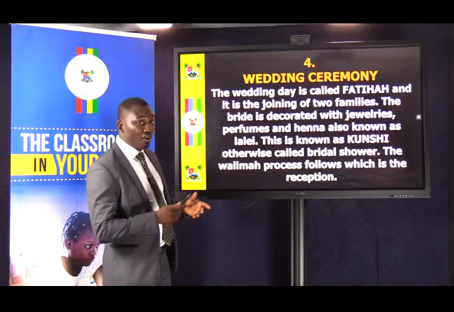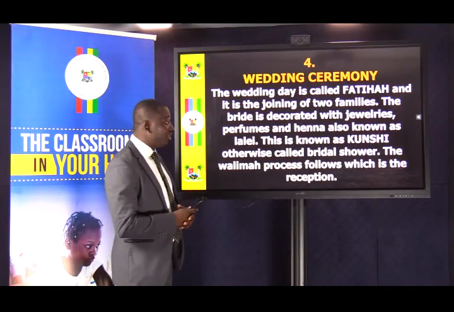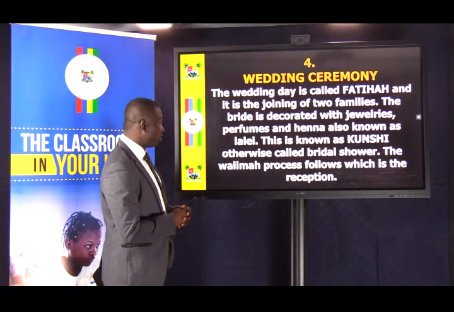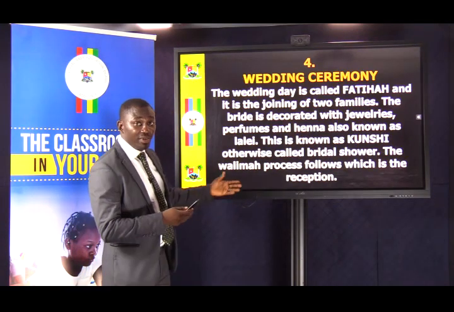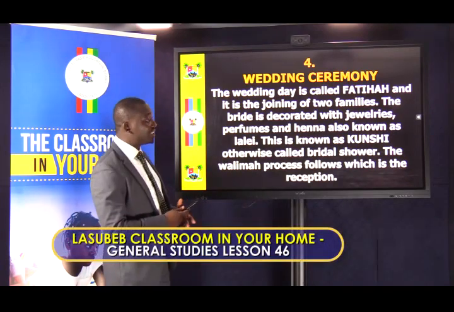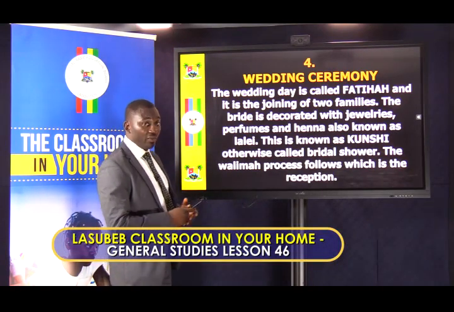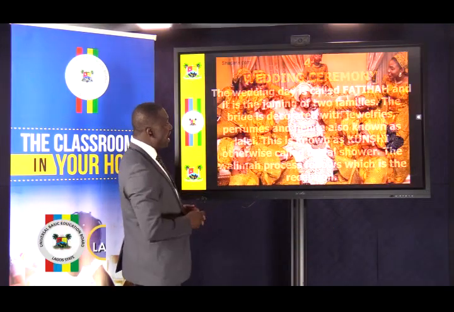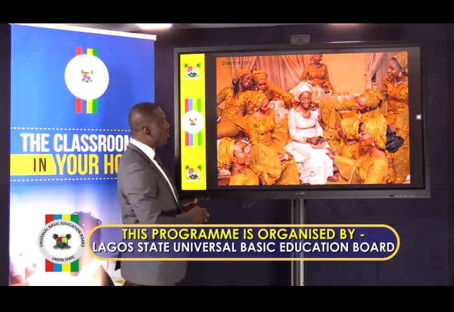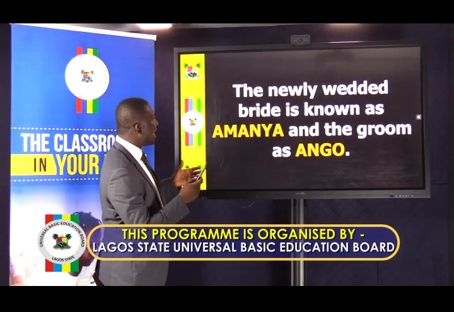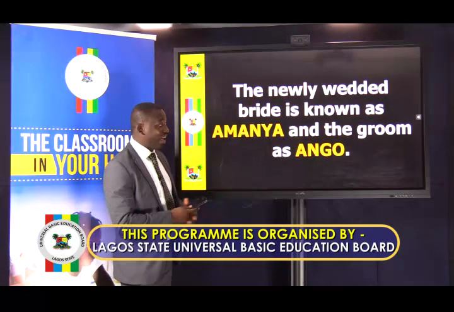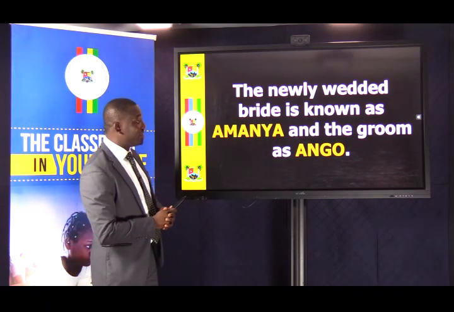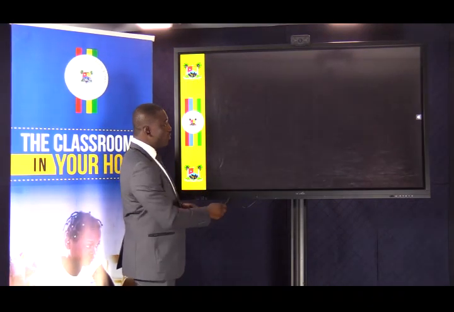The decoration of the bride with jewelries, perfumes, and all that can be likened to a bridal shower. Immediately after the bridal shower, the walima process follows, which is the reception. The bride is called amaya and the groom is called ango.